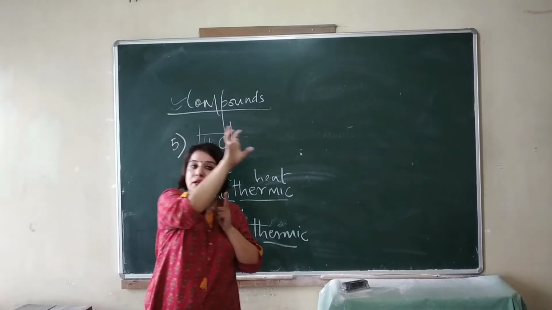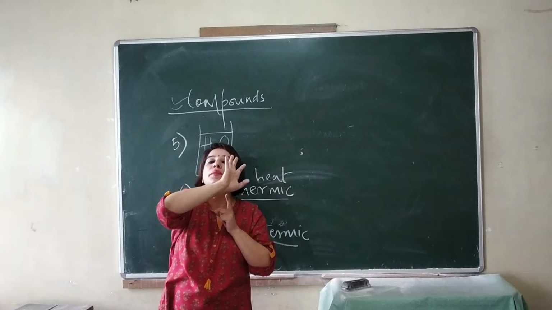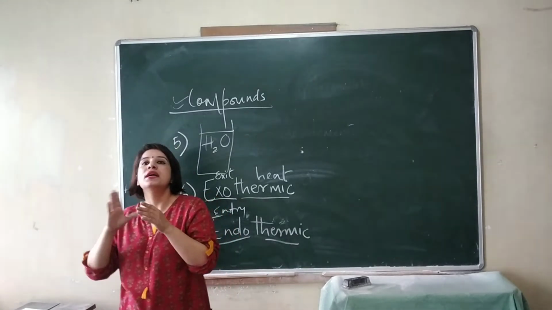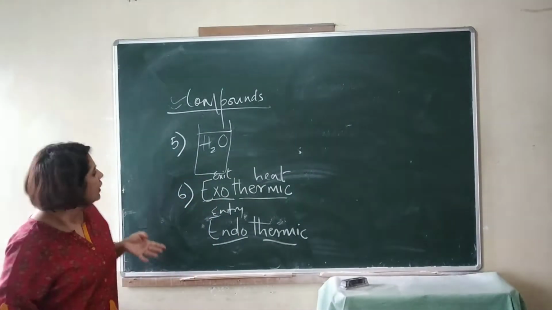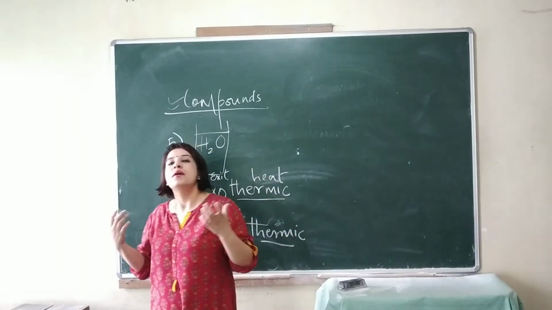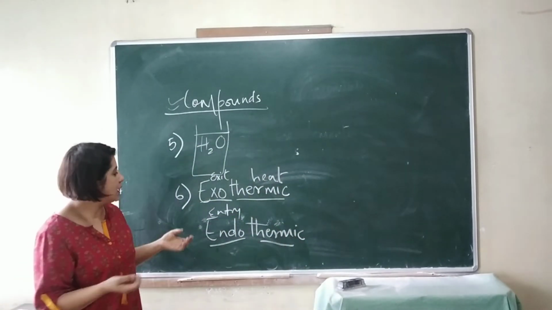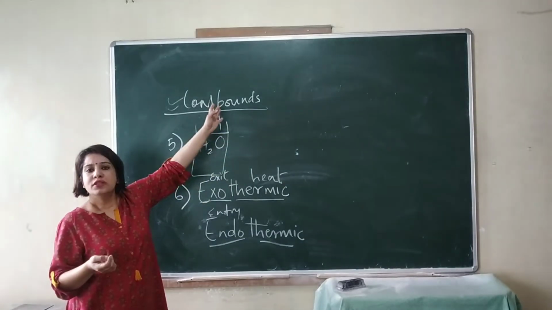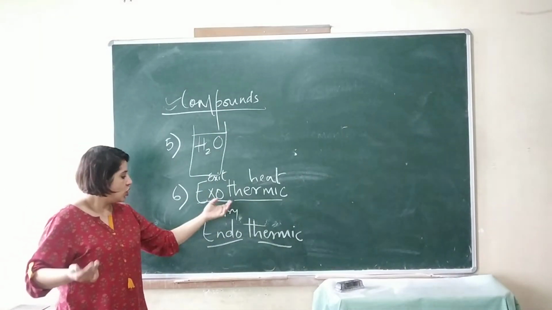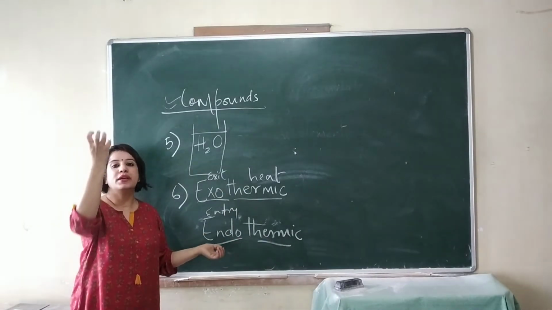Next, the characteristics of the elements are completely different from the characteristics of their compound. Next, you cannot separate the elements from a compound by physical means. And the last one, when a compound is formed, either it is exothermic, that means heat is produced, or it is endothermic, that means heat is absorbed.